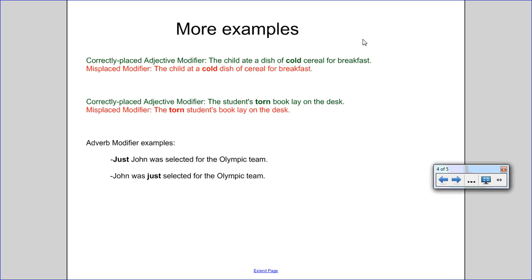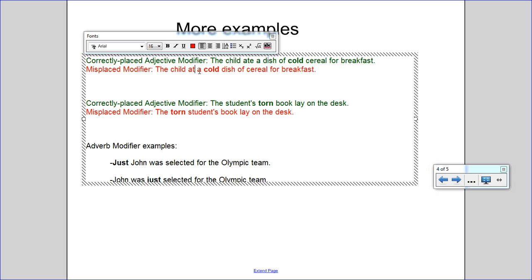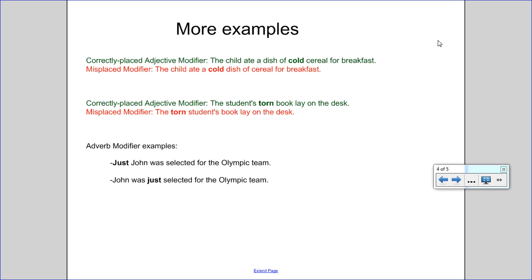However, if you misplace the modifier and write the child ate a cold dish of cereal for breakfast, that means that the dish is what is cold and that we don't know anything more about the cereal. So that is obviously a misplaced modifier.